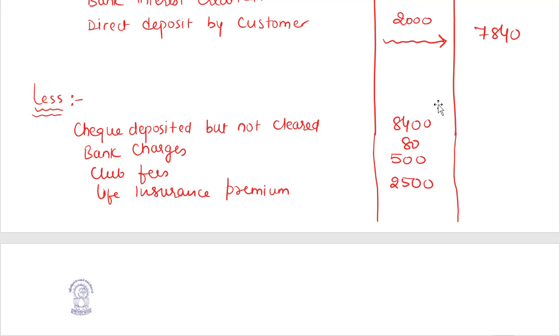First of all, just add all this and then we'll deduct in the final column. 8400 plus 80 plus 500 plus 2500. The total is 11480. This would be deducted.